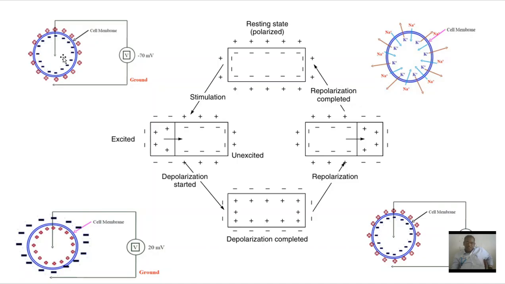At equilibrium, sodium will be more in the outside and potassium and chloride will be more in the inside. So an equilibrium state is formed. At this equilibrium state, if we measure the potential of the cell from inside to outside, that is called the resting potential, and its value is nearly minus 70 millivolt. This is the explanation of the first diagram.